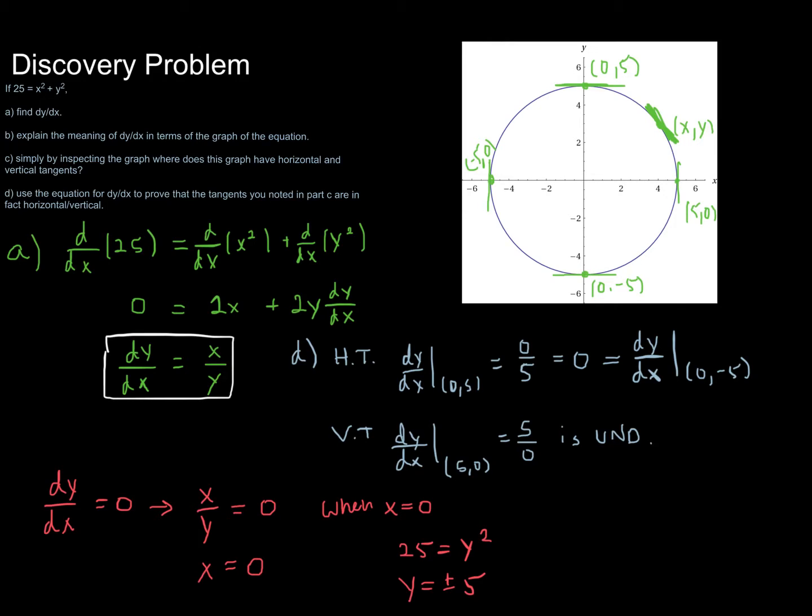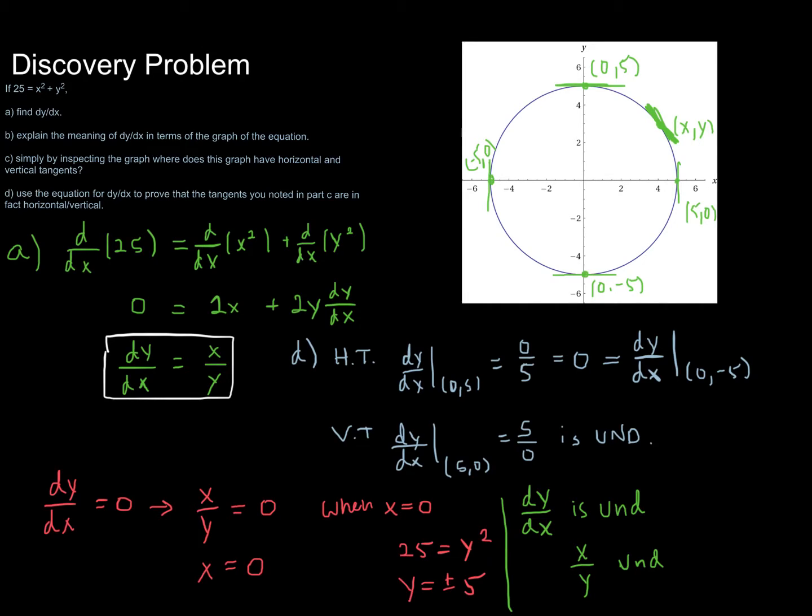Now, if I wanted to do the same thing for vertical tangents, here I'd be looking at my derivative and asking, where is it undefined? In other words, where is x over y undefined? Well, that's going to be when y is equal to 0, because this is the denominator. So when y is equal to 0, I will have an undefined slope.